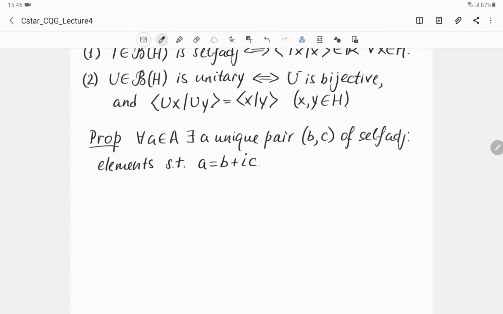So in some sense, b is the real part of a and c is the imaginary part. The proof is immediate. We simply let b equal (a plus a star) over 2, and c is (a minus a star) divided by 2i. So clearly they are self-adjoint, and a equals b plus ic. And it's a simple exercise to show that they are unique.